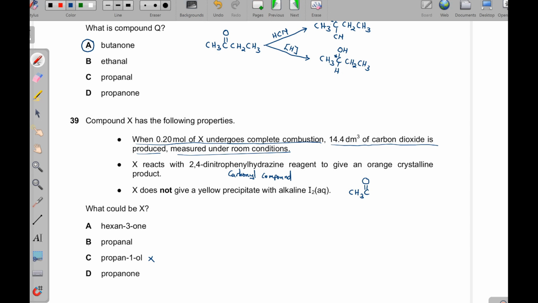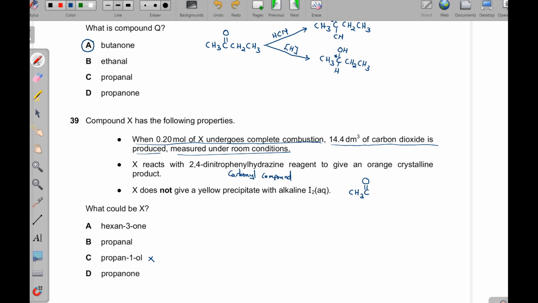First of all, they give a positive result with this one here. So let us look at ketones. Among ketones and aldehydes, the only aldehyde that gives a positive test with alkaline iodine is ethanal because it has this group here.